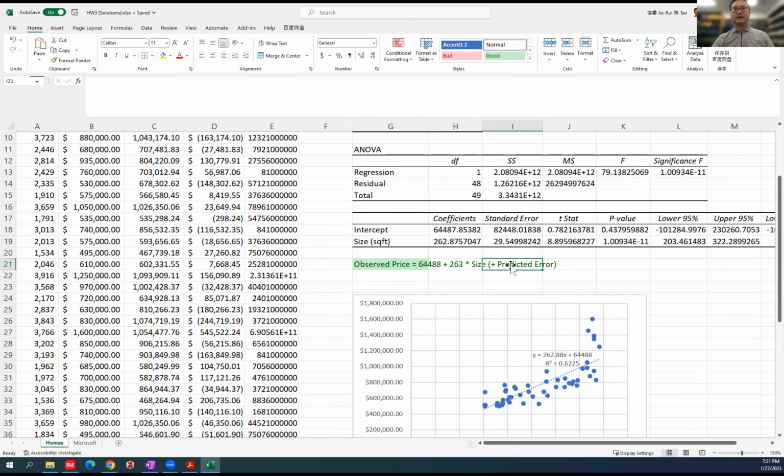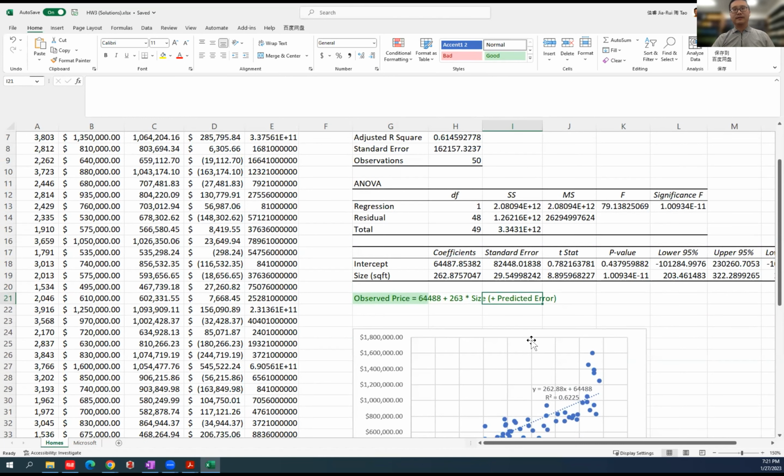That's what the error stands for. And due to this model, we can calculate the predicted error using this equation by subtracting the predicted price from the observed price.